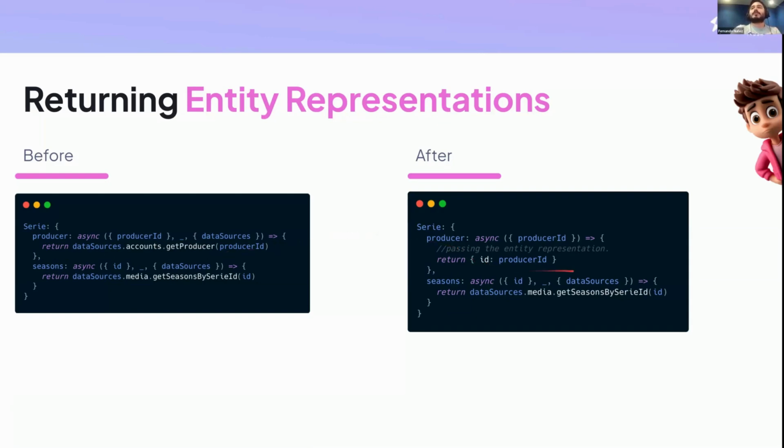Now we just need to return the entity representation, which is basically the ID, the primary key that we've been talking about, to the router, so that way the router knows that this producer is going to pass it to the account subgraph to return the actual producer information.